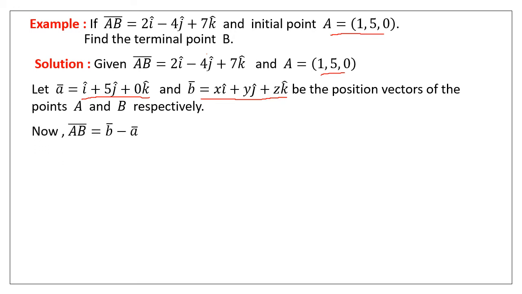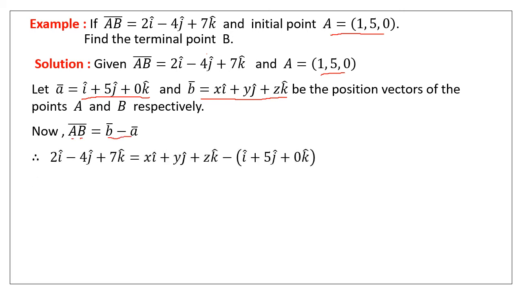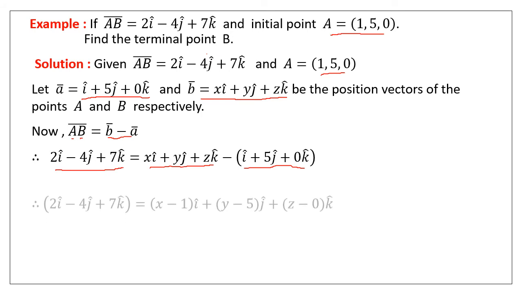As we have seen above student, AB bar equals B bar minus A bar. Now write down the given things. So what is given? AB bar. So 2I cap minus 4J cap plus 7K cap equals B bar, which is xi cap plus yj cap plus zk cap, minus A bar, which is I cap plus 5J cap plus 0K cap.